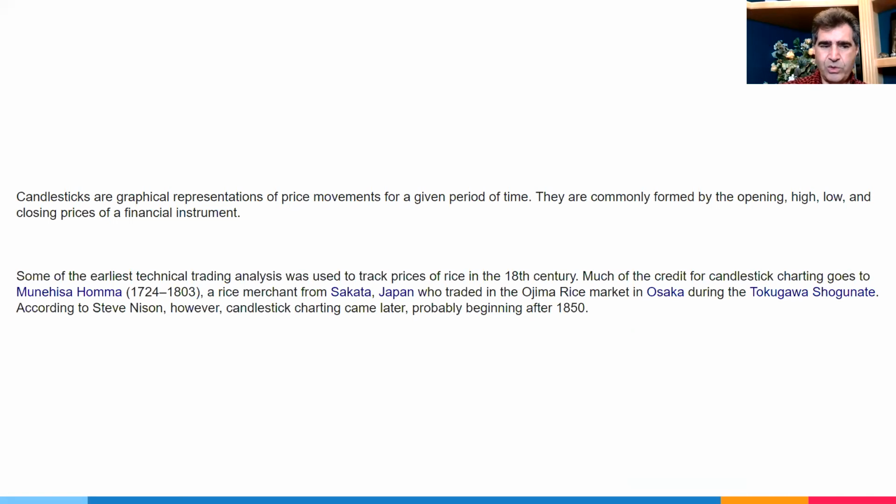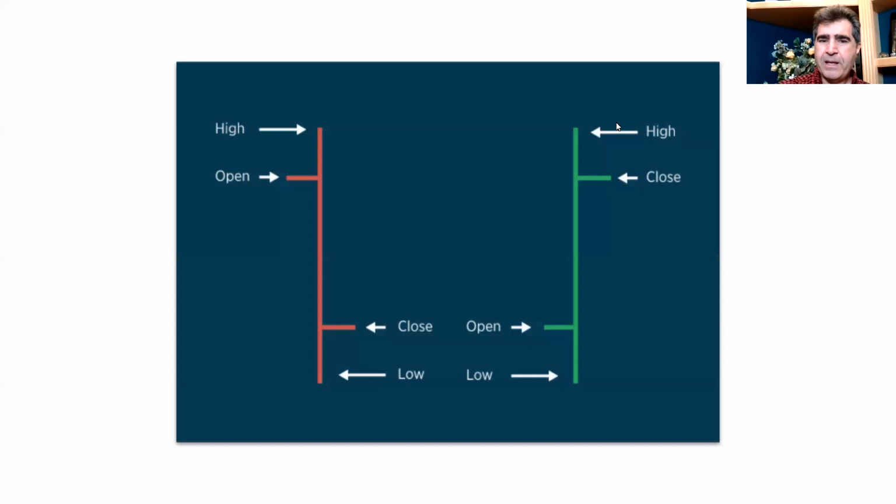It is credited to Munehisa Homma in the 1800s, but according to Steve Nison, it didn't really start being used till 1850. That's a little background on how it was used, and it is obviously common in Japan. If you recall, a few weeks ago we talked about Ichimoku, which uses the foundation of candlestick patterns.